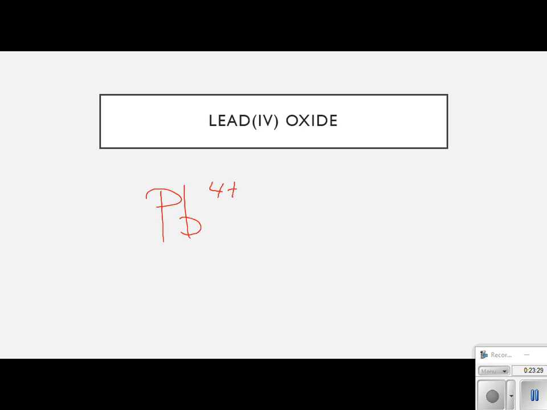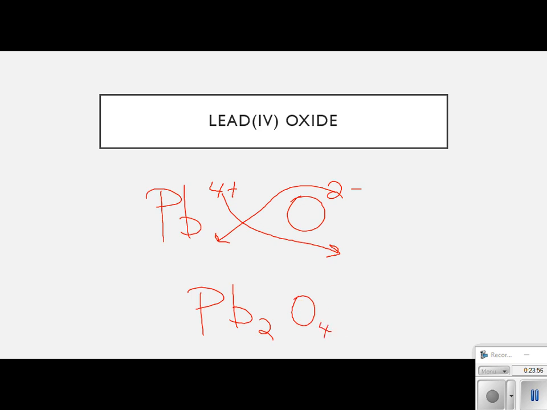What charge do you think oxygen is going to be? -2. So right here was the instant that I told you that if you crisscross this, a 4 over here and a 2 here, you're going to get Pb2O4.